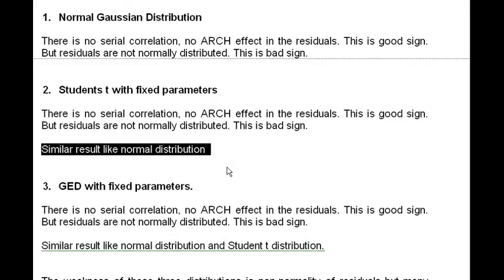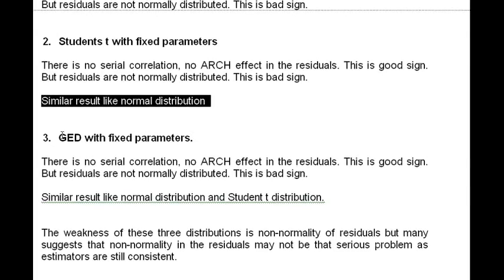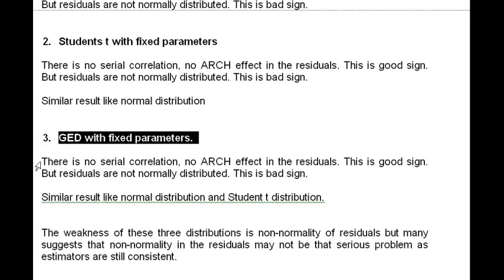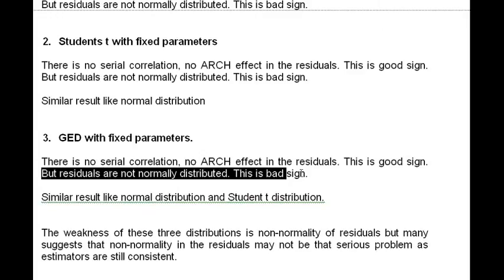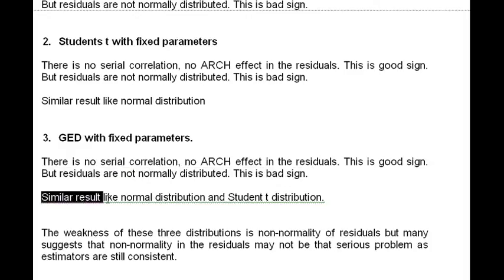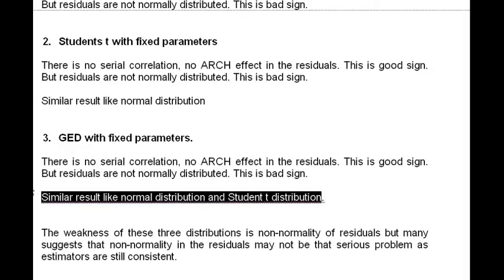And what about the third distribution? There is no serial correlation, no ARCH effect. So that is a good sign. But again, the same thing has happened. Residuals are not normally distributed. So that is a bad sign, similar to the normal and Student t distributions.